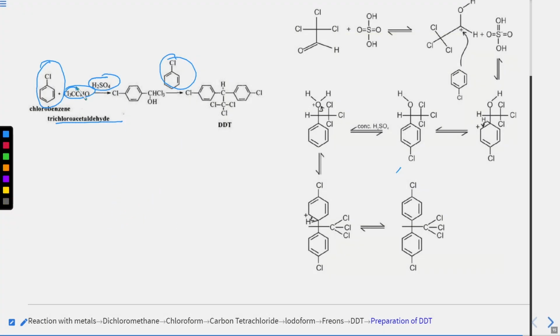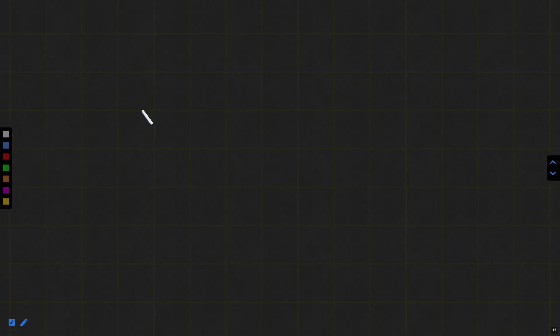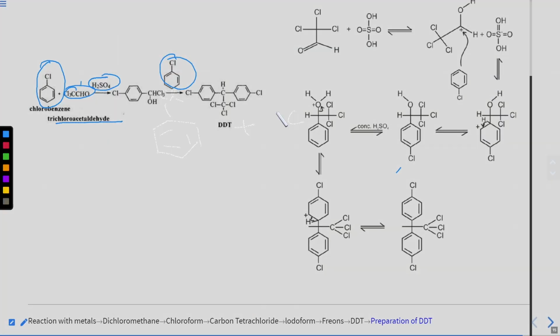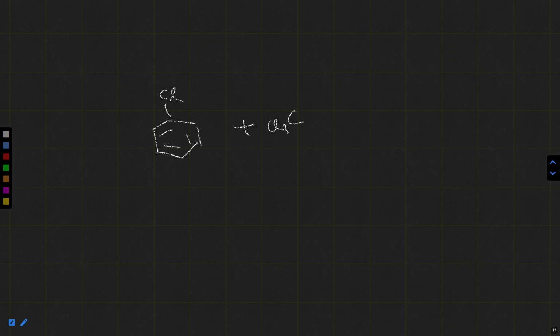Suppose we take the first step. We have this as our substrate, or you can say both of these are substrates only. So we have CCl3CHO.